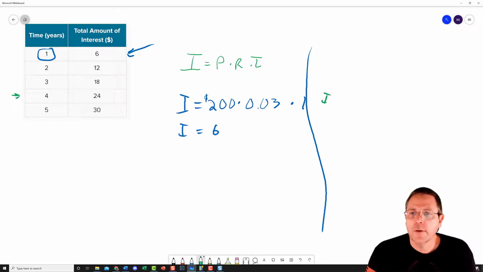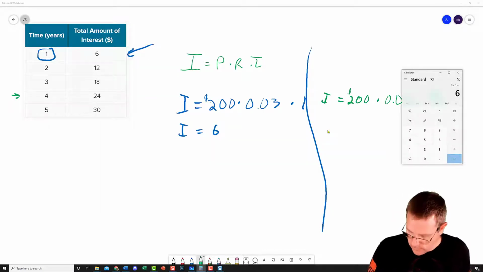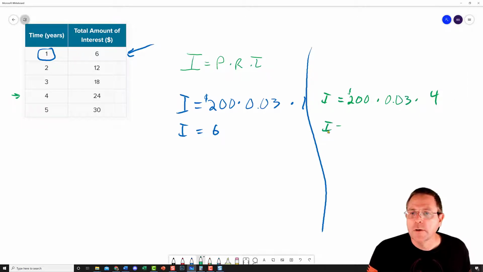So now I have interest is equal to, my principal is $200, my rate is going to be 0.03, and now my time is going to be 4 years. Grab our handy dandy calculator again, 200 times 0.03 times 4 years, that gives me $24. Interest is equal to $24, which is the same thing we got right there.